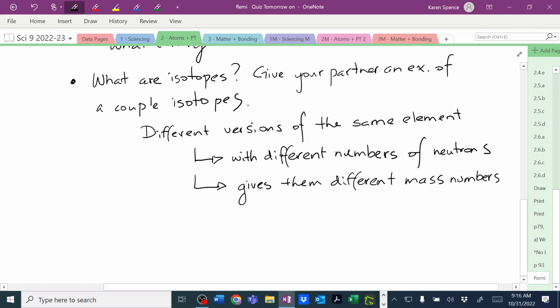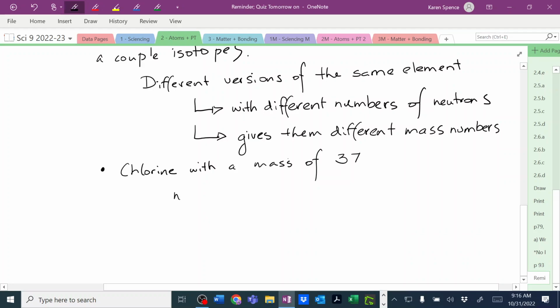How would you write the name of an isotope? Say I wanted to know chlorine with a mass of 37. So try that one.